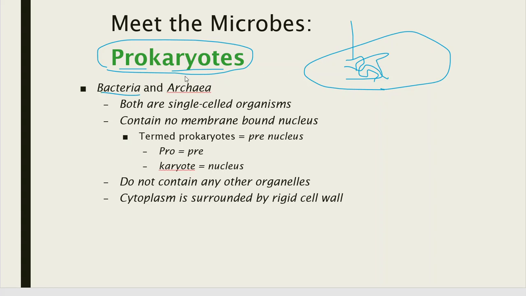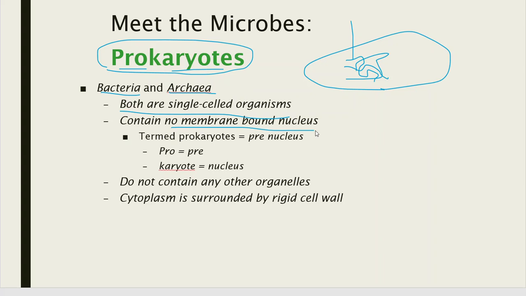Bacteria are prokaryotes, and there's also another single-celled organism called archaea. We'll talk more about them specifically, but they're somewhere in between bacteria and human cells, which are called eukaryotes.